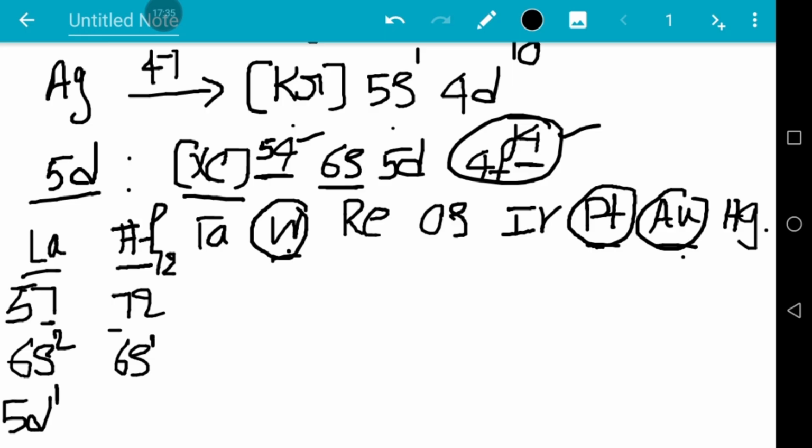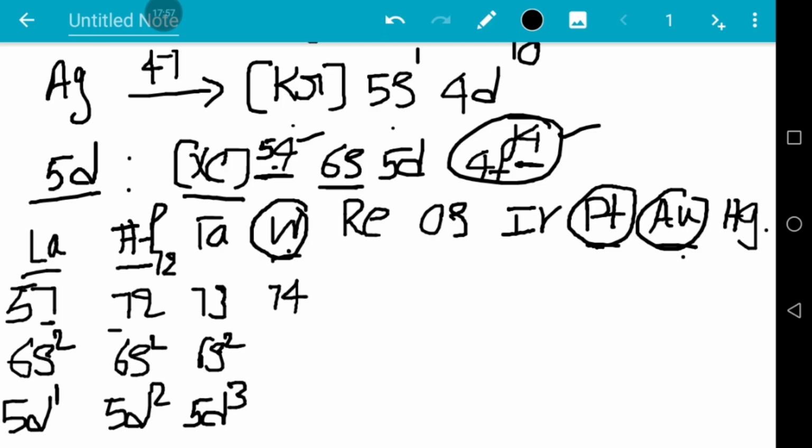Next, tantalum, atomic number 73. So 54 plus 14, 68 completed, then the remaining 5, 6s2 and 5d3. Next, this is 74. Out of 74, how many completed? 68 completed, xenon and 4f14. So totally 68 completed.